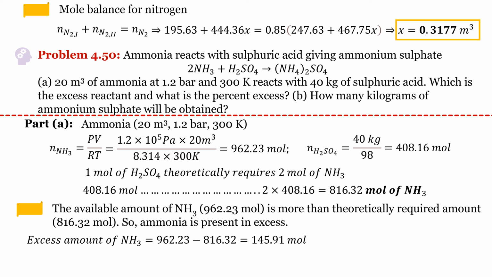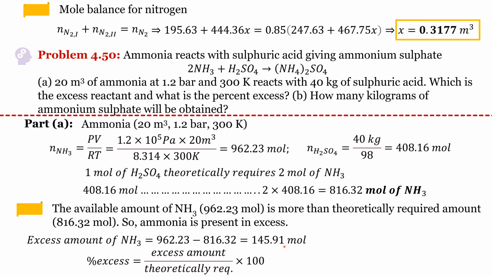Now we can write the excess amount of NH3 equal to available amount of NH3 minus theoretically required amount of NH3. So it will become equal to 145.91 mole, and we can write percentage excess equal to excess amount divided by theoretically required amount into 100.